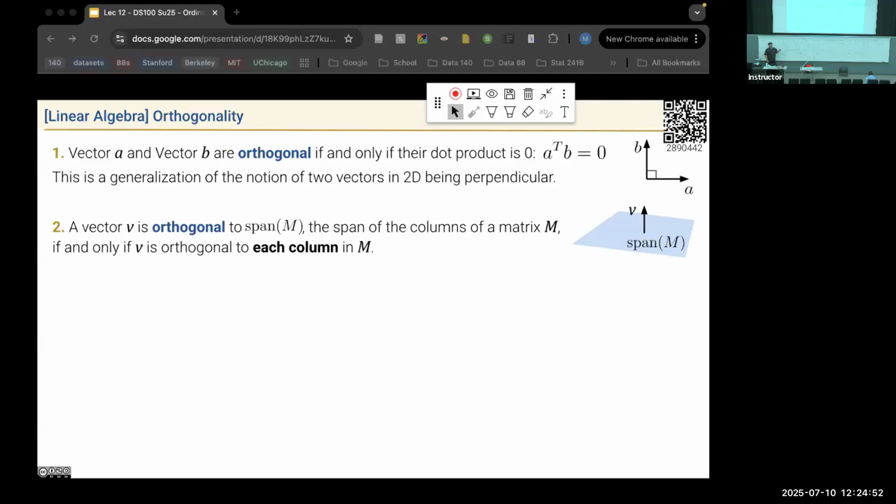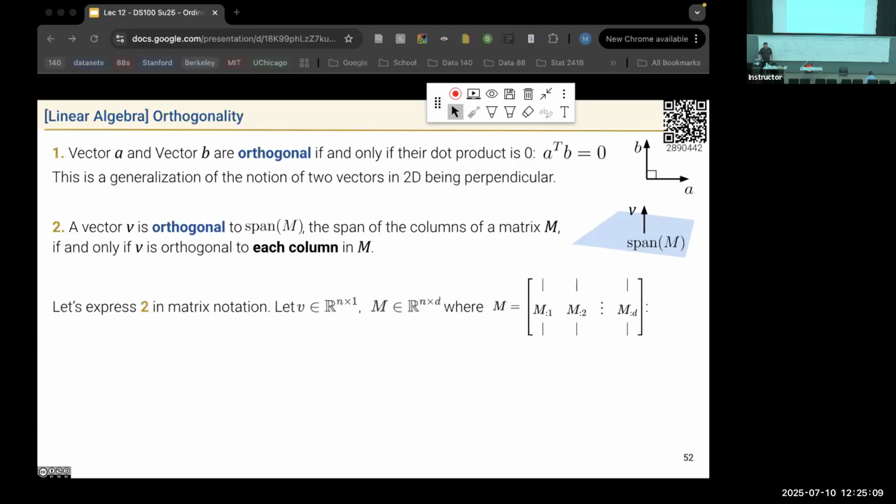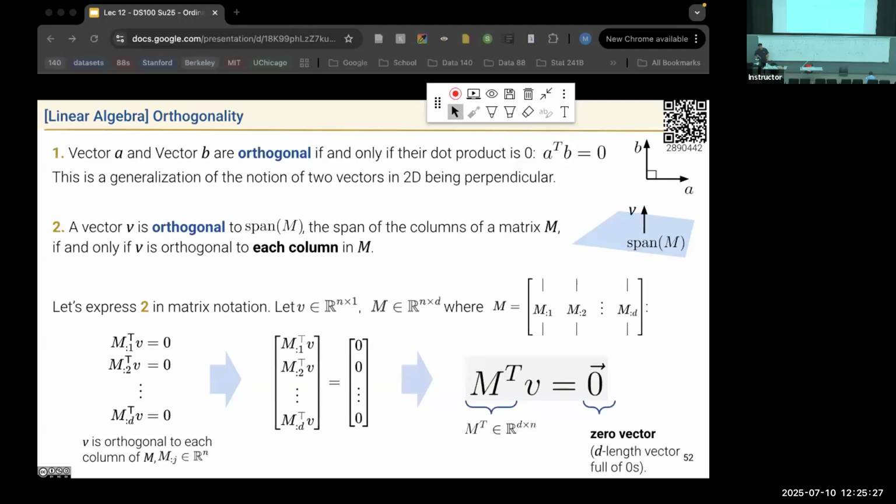A vector is orthogonal to the span of M, where M is a matrix, if and only if this vector is orthogonal to each column of M, because that makes up the span of M. So if V is orthogonal to M, the dot product between the first column and V is 0, the dot product between the second column and V is 0, and so on.